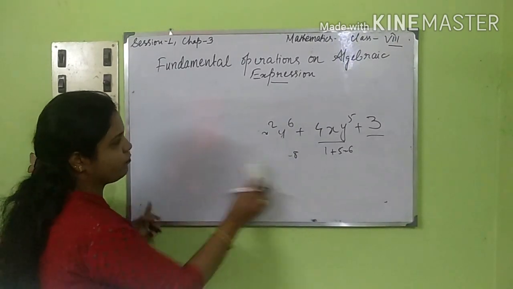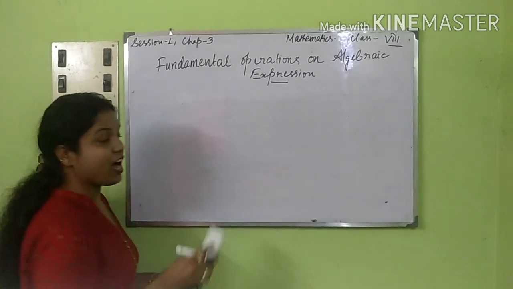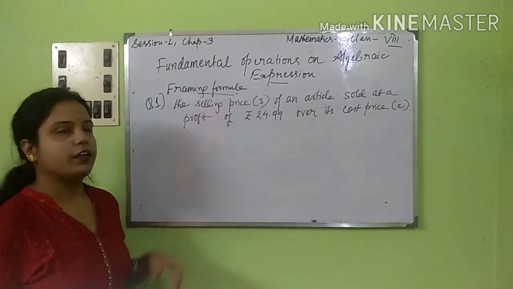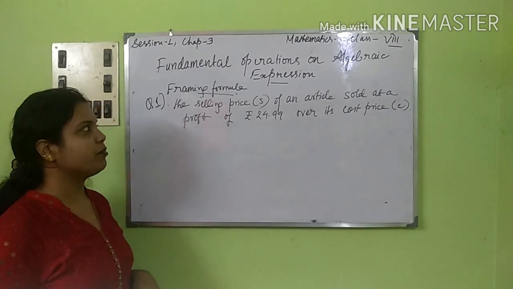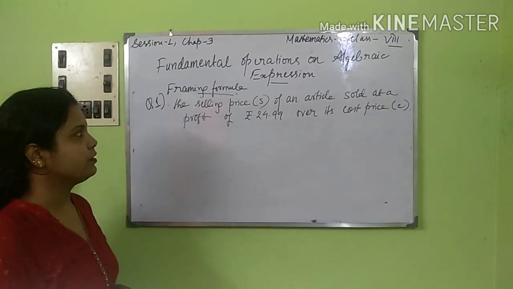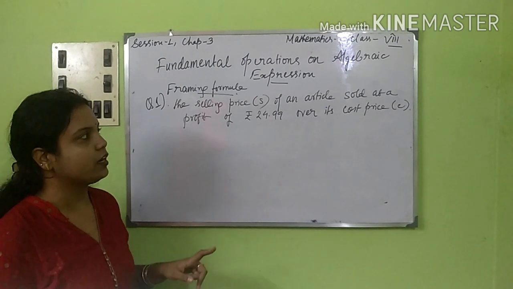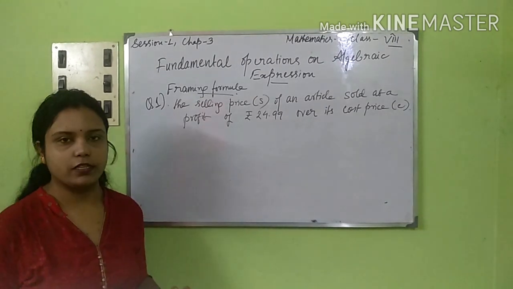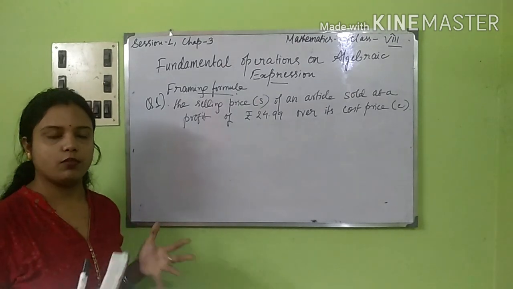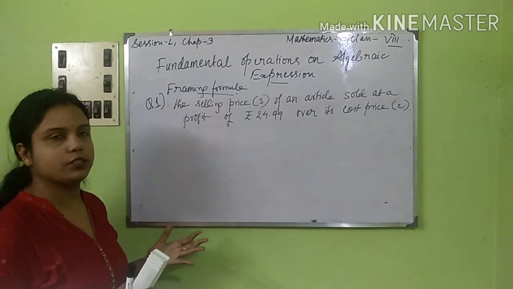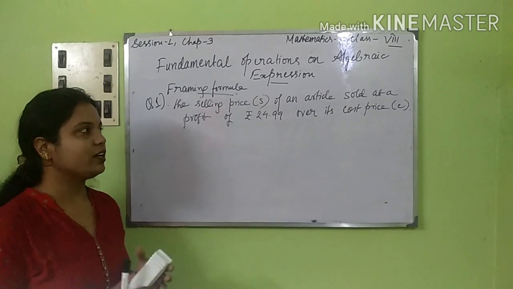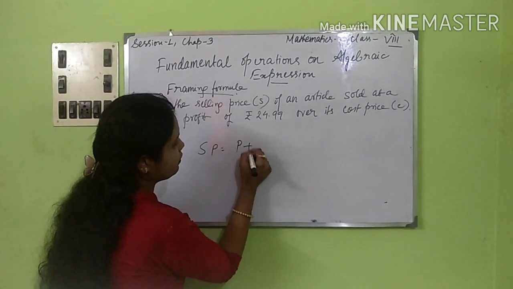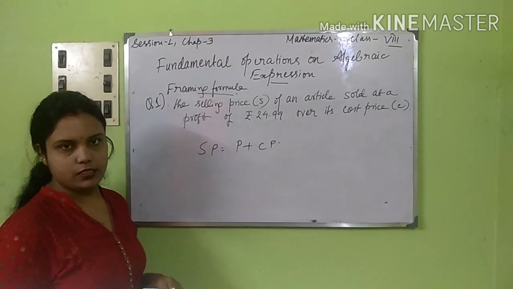Next, coming up with another topic, that is how to frame the formula. Let's take one example and show you. Now this is an example of the framing formula. The first question that here I've given is the selling price of an article sold at a profit of rupees 24.99 over its cost price. Now last year already some of you have come through this profit and loss chapter, where it has been said that selling price is equal to profit plus cost price, right?